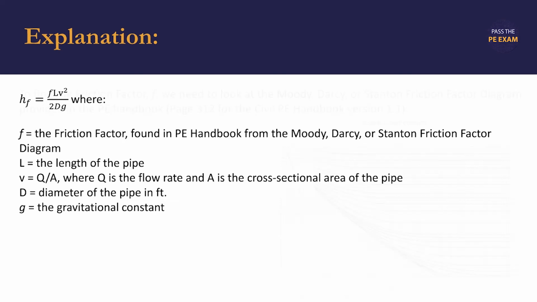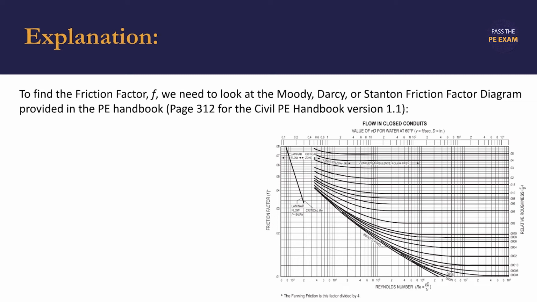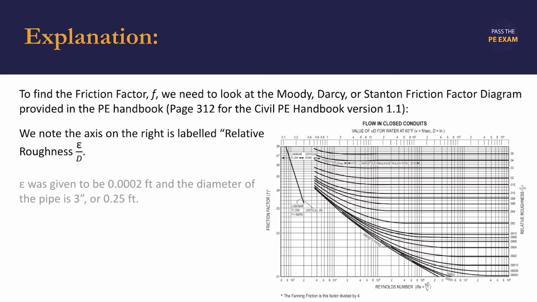And going back to the Moody, Darcy, or Stanton friction factor diagram, which is provided in the PE Handbook in version 1.1, on page 312, we note that the axis on the right, the vertical axis, is labeled relative roughness, which is lowercase epsilon divided by D. Lowercase epsilon, the specific roughness, was given to be 0.0002 feet in the problem statement, and the diameter of the pipe is 3 inches, or 0.25 feet.